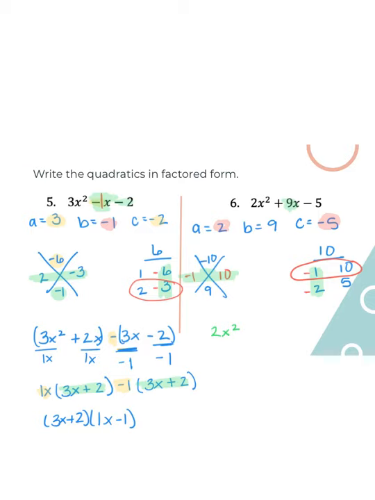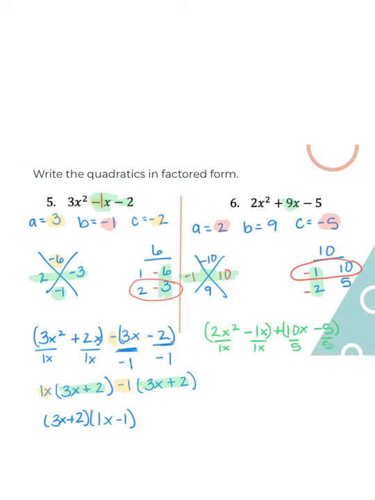So I'm going to say minus 1x plus 10x, and then end with my c, negative 5. I'm going to group those first two, group those second two. 2x squared and 1x, they both have a 1x in them. And then 10x and negative 5, they both have a 5 in them.